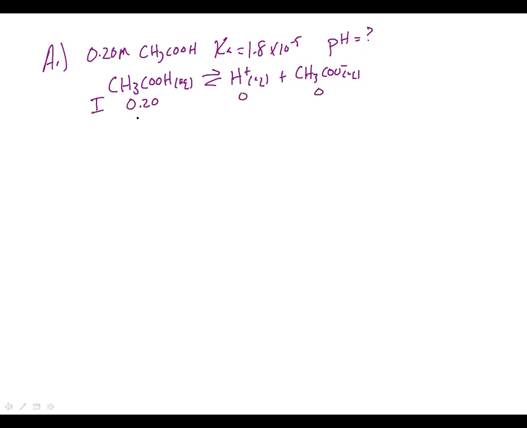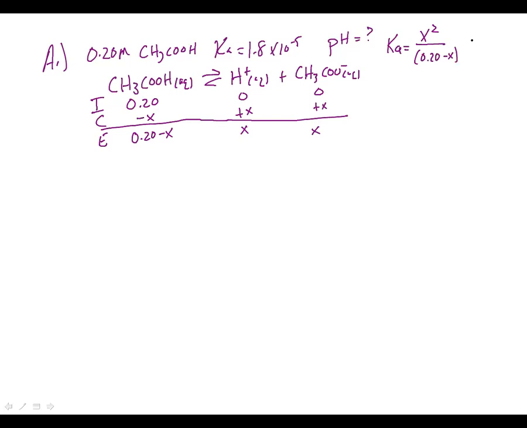Our change is going to be minus x, plus x, and plus x, which means when we get to equilibrium here, we're going to have 0.2 minus x, x, and x. This is going into our Ka expression, so that's going to give us x squared over 0.2 minus x equals our Ka value, which is 1.8 times 10 to the minus 5.